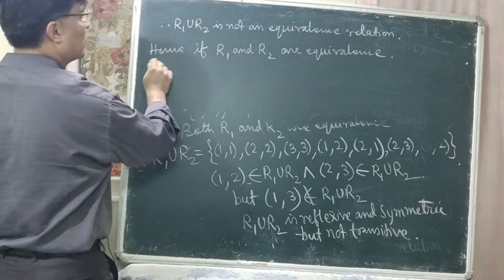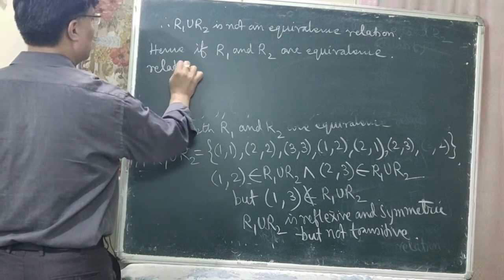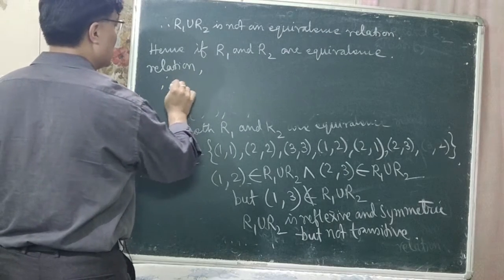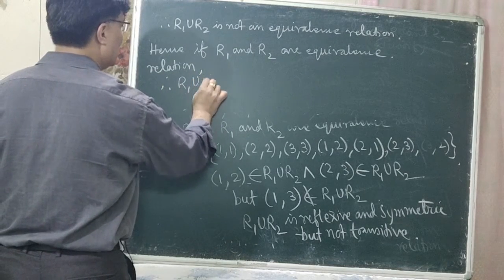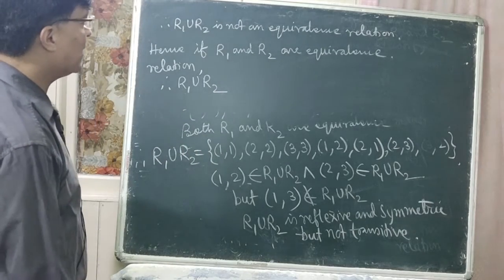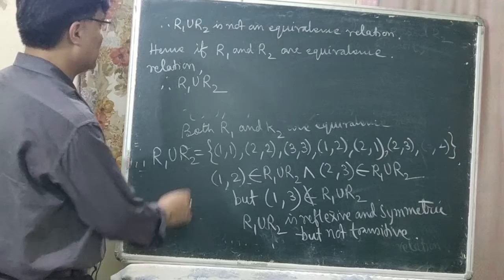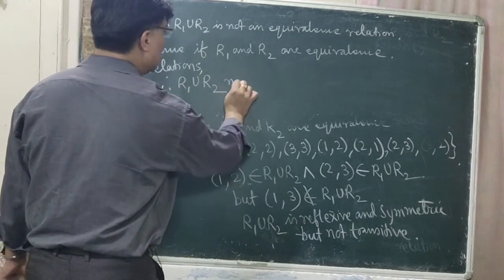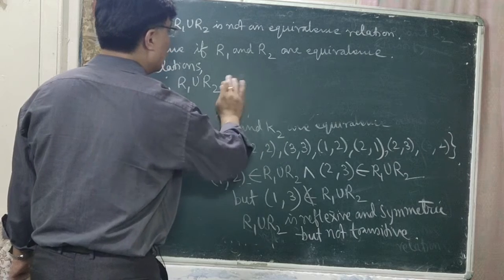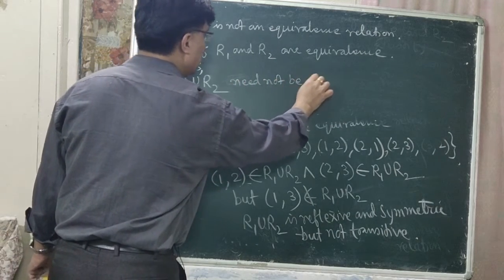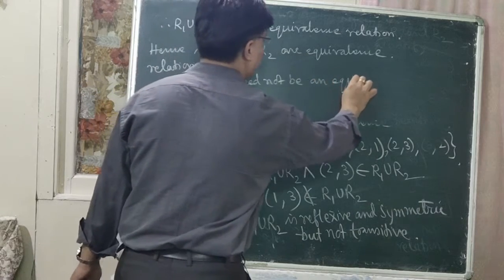Hence, if R1 and R2 are equivalence relations, therefore R1 union R2 need not be an equivalence relation.